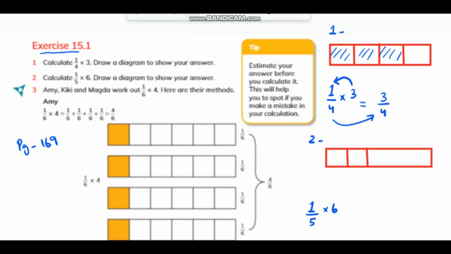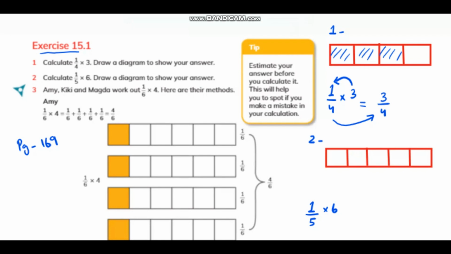We have to try to draw equal parts. 1, 2, 3, and then 4 and 5. Now let's solve this question.